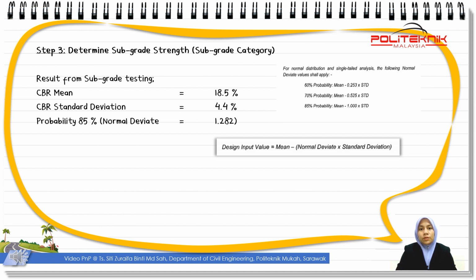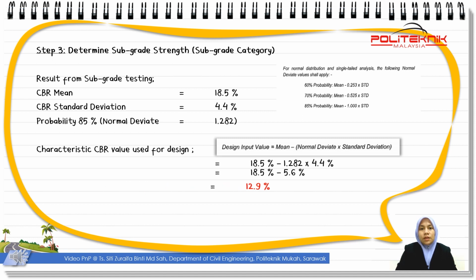From the subgrade testing results, you can calculate the characteristic CBR value used for design by using the following formula. When you get the characteristic CBR value used for design, you must refer to table 2.6 and match it with the suitable value from the list of subgrade category.